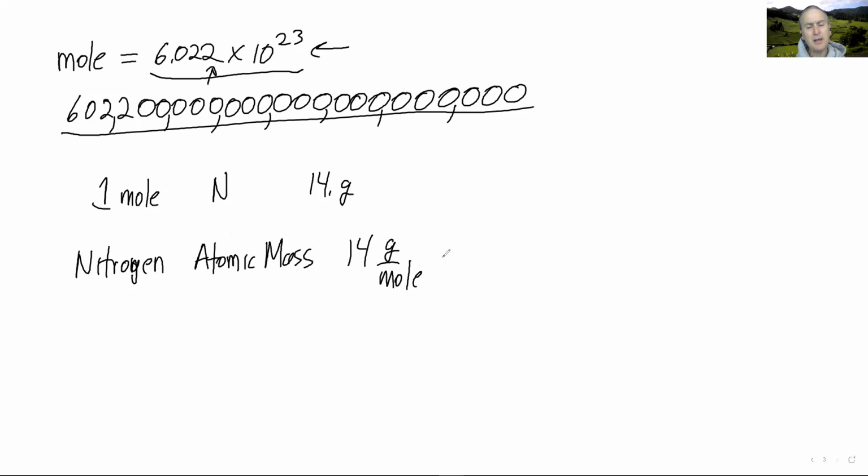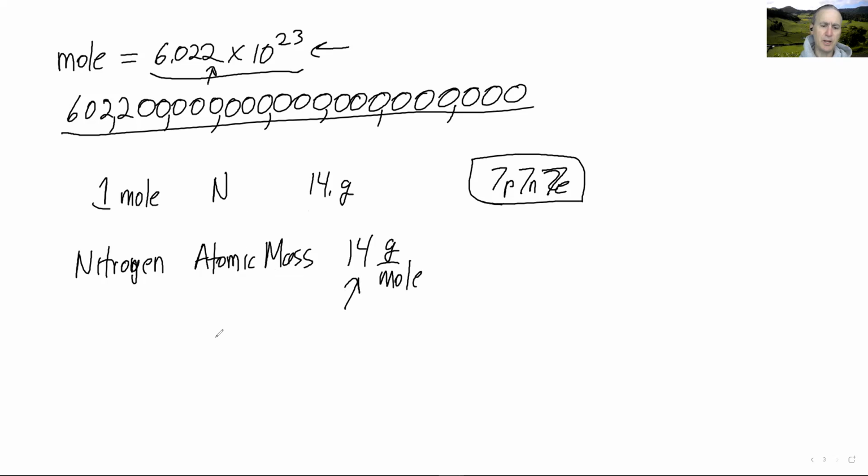What does that mean? It means if you took 6.022 times 10 to the 23rd nitrogen atoms, little N atoms with 7 protons, 7 neutrons, and 7 electrons, and we weighed those 6.022 times 10 to the 23rd atoms, they would weigh 14 grams, right? 14 grams per mole, that's all it means.